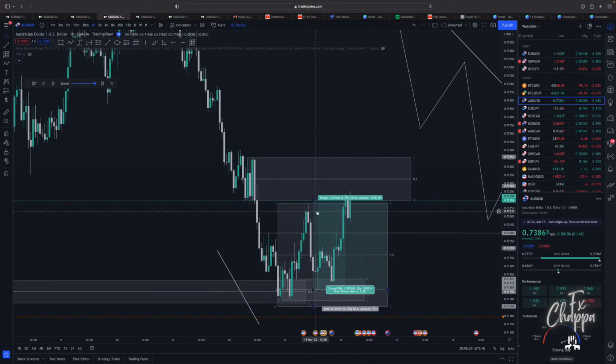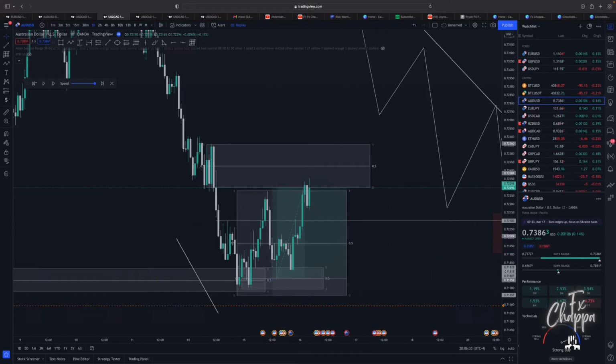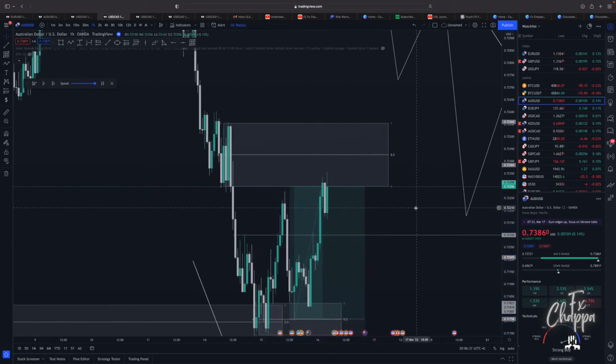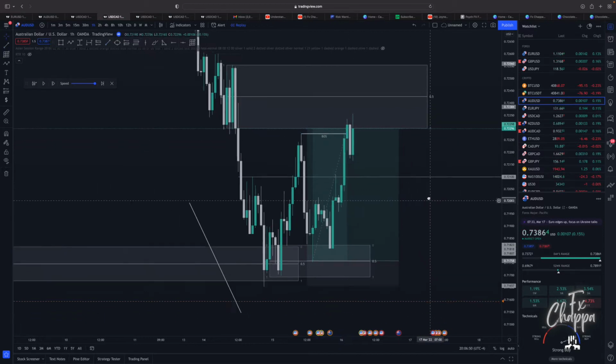I didn't close out the trade though. One of the main reasons was that I had then seen another break of structure, marking out this area from this high. You can get another break of structure right there, and then I'd mark that.